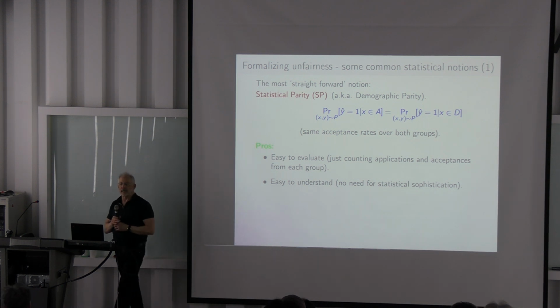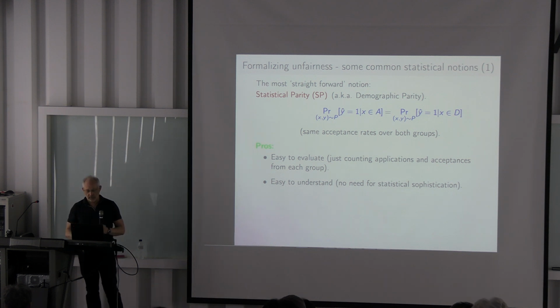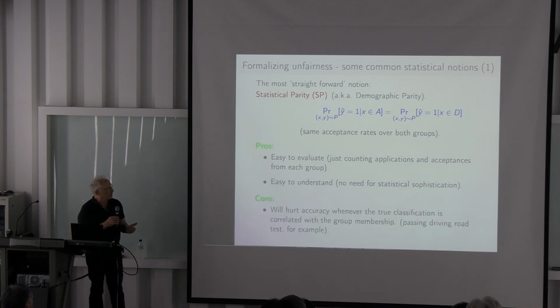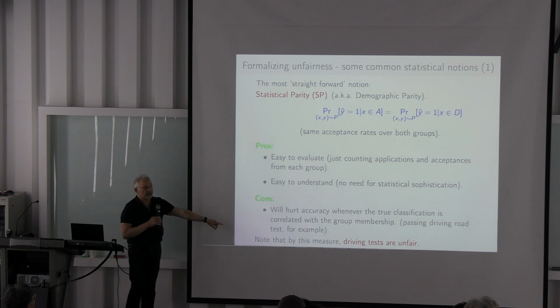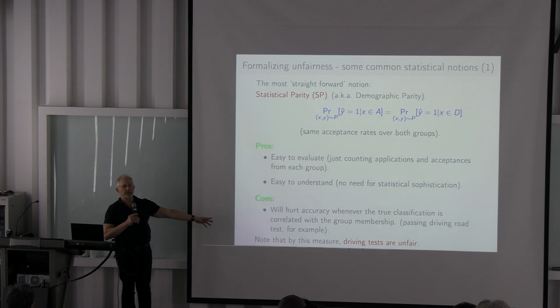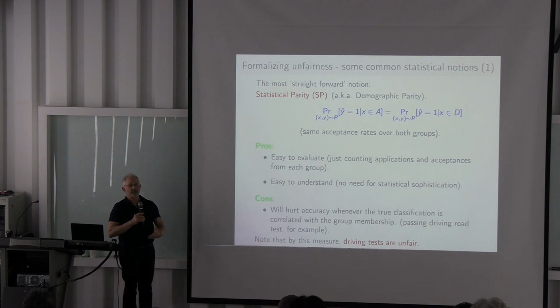But of course, there are downsides to this simple measure. Because this simple measure will hurt accuracy whenever the true classification is correlated with the group membership. For example, by this measure, the driving tests are not fair. Because the driving tests do not give the same percentage of pass to men and women. They do not give the same percentage of pass to 17-year-old males and to 70-year-old women.